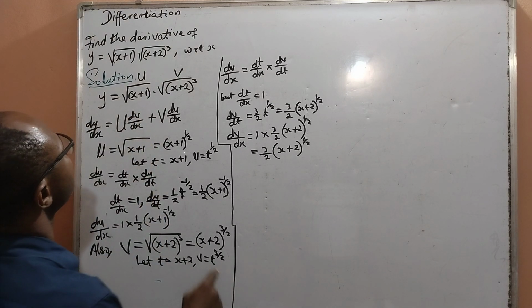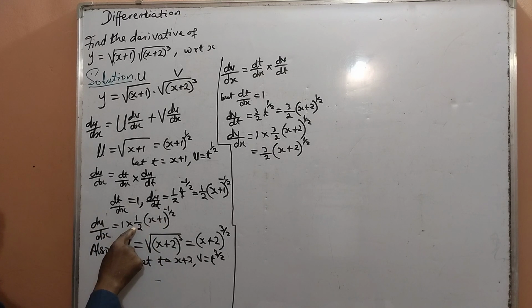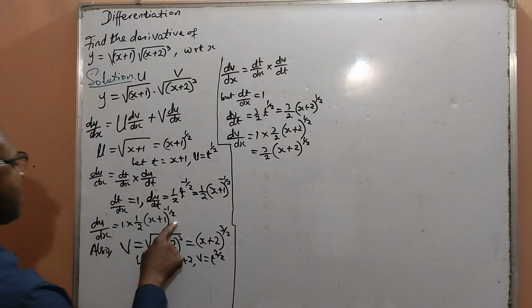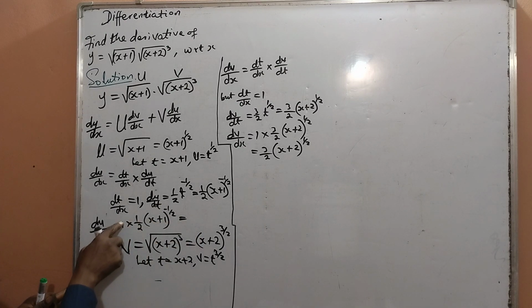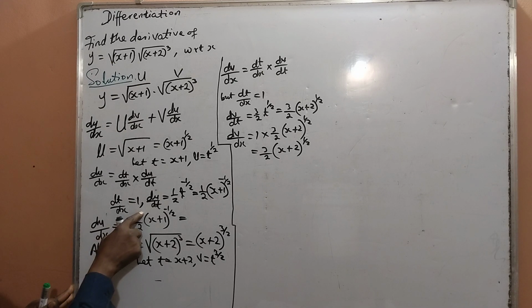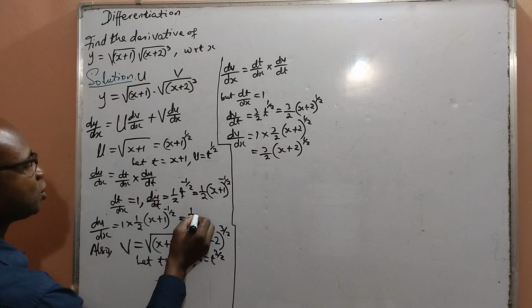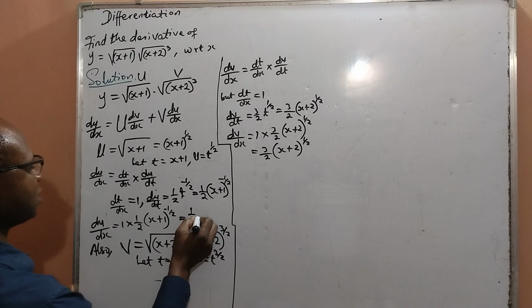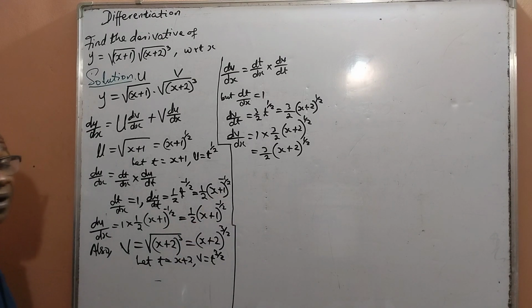I have also gotten du/dx, which is here, writing it out very well here, that is 1 multiplied by half times this, which is the same thing as half into (x plus 1) all to the power of negative half.